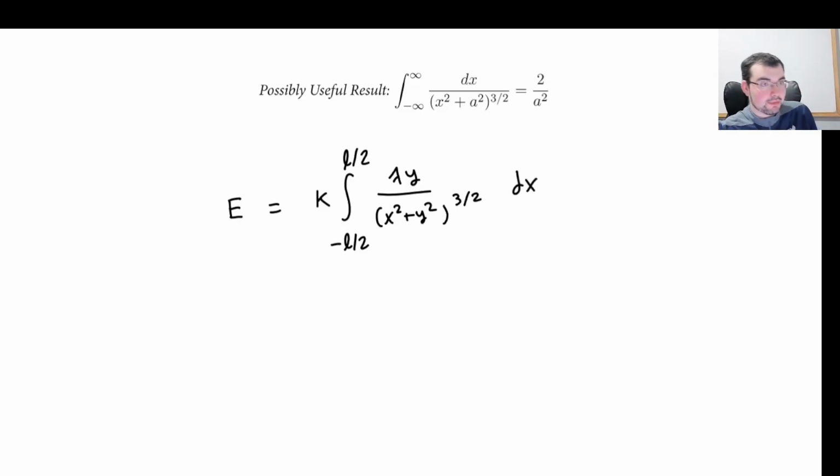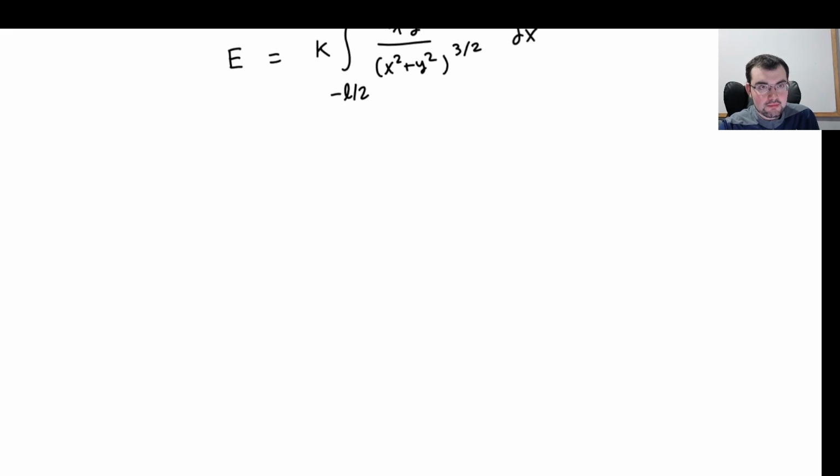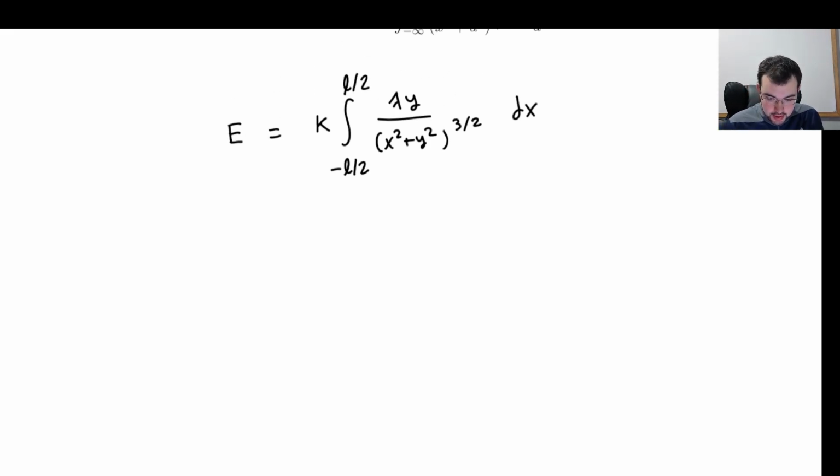This was what we came up with in the previous part. So we can say if L approaches infinity, which is what an infinite wire or a really, really long rod of charge or line of charge is, all of these mean the same things.